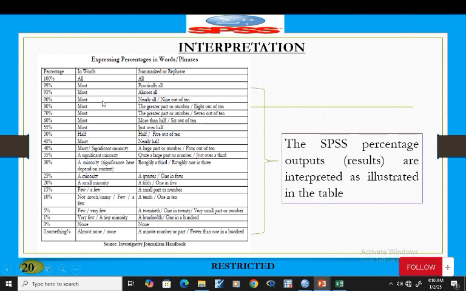From investigative journalism, we have this where 100 down to 0% have word and phrase interpretations, and 100 implies all. This will be of help while you are interpreting or illustrating your analysis table.